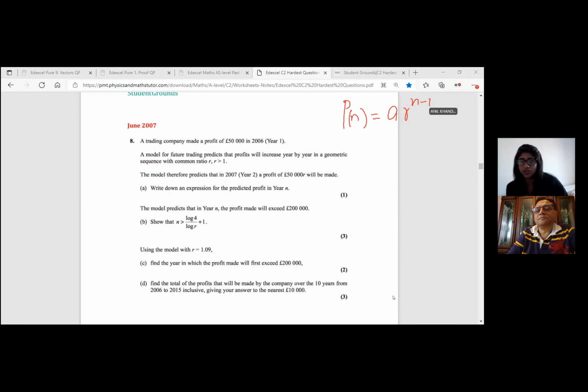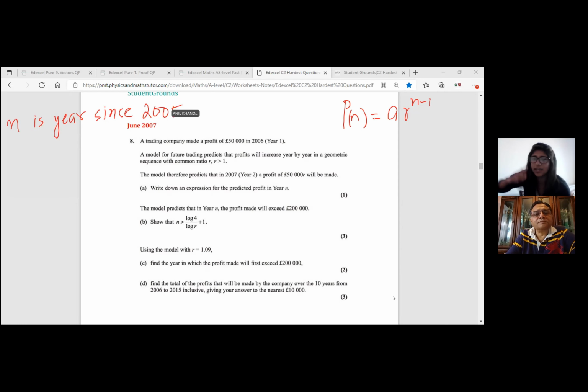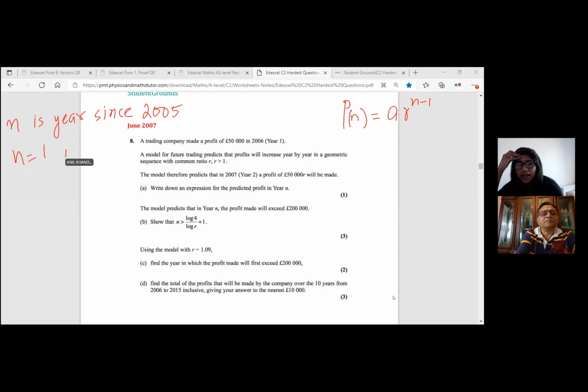But in this case, because they're saying that n is the year, won't it simply just be 50,000 R to the power of n, without the minus 1? Because let's say you substituted n as 2, we know year 2 is 2007, but if you did n minus 1, so 2 take 1 is 1, you're going to get the value for 2006, so it has to be to the power of n.